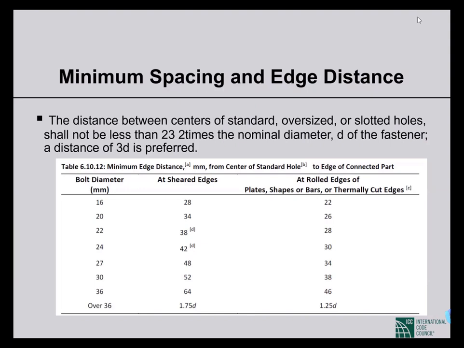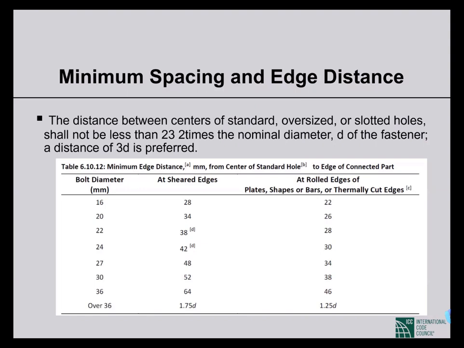Now, minimum edge distance is tabulated in this table. So it depends on the bolt diameter and what type of edge the plate has. If the edge is sheared, that is, if the edge is produced by cutting the plate, then that is a sheared edge. Or if the edge is a rolled edge, that is, while manufacturing, during the rolling process, the edge is created.